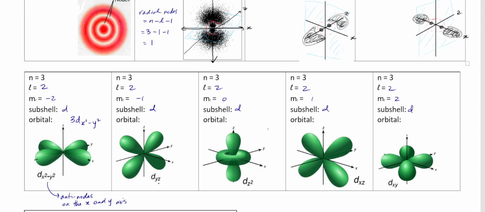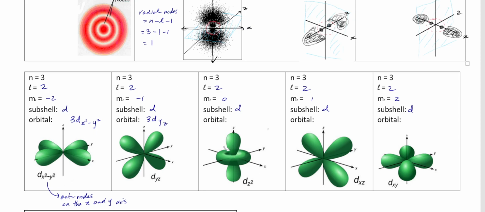Over here, we see the antinodes are on the YZ plane, so we say 3DYZ. Over here, this one's a little more difficult. It's along the z-axis. We can see that the antinodes are along the z-axis, but it's also got this z squared, and that's because there is a nodal plane in the form of a parabola coming here.